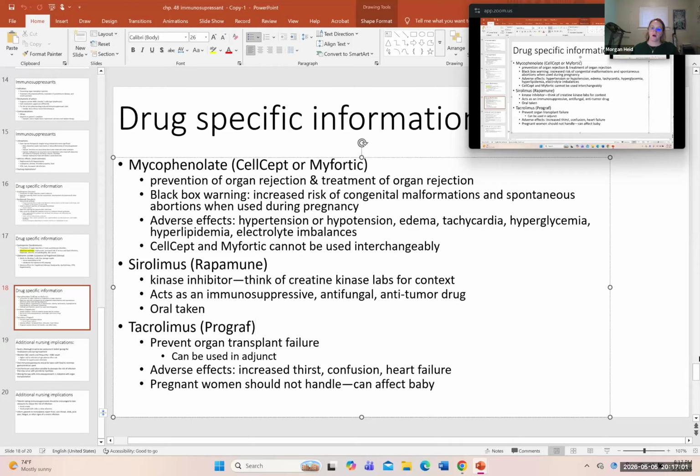I'm not saying that you can't handle it, but you would need to use more caution. So like triple. It can also cause increased thirst, confusion, or heart failure. So heart failure right here is a huge adverse effect. Otherwise, that's it for this slide.